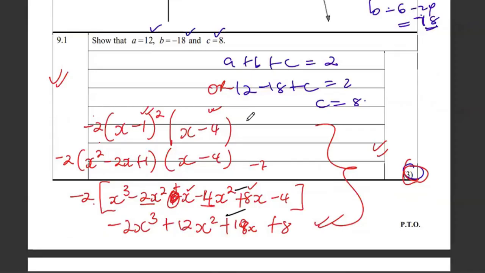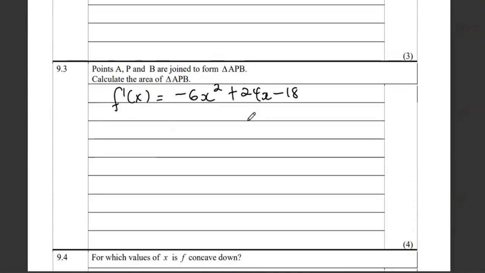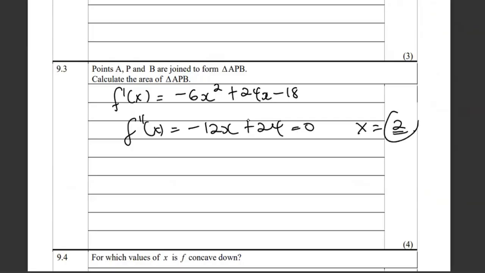Okay, it's a minus 18. So if that's the case, then our second derivative is going to be -12x plus 24. Equate that to 0, meaning that x is going to be +2. When I substitute this into the original, I'm going to get something like a 4, meaning that my point P is at (2, 4).